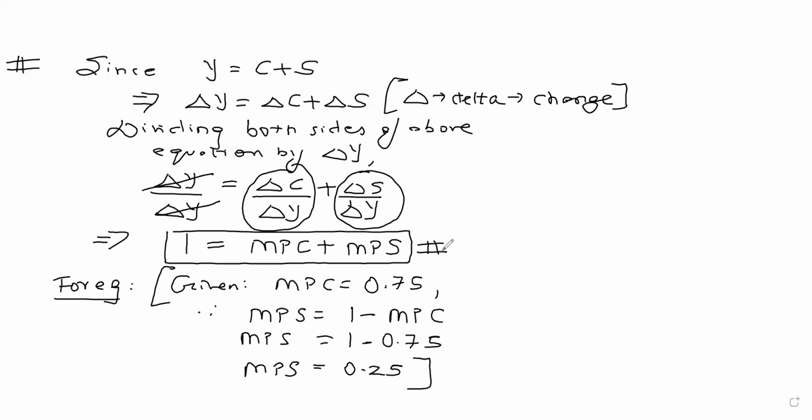Okay, so I hope all students are clear till here. Then I can also derive something called average propensity to consume and average propensity to save. We know that income is either consumed or saved.